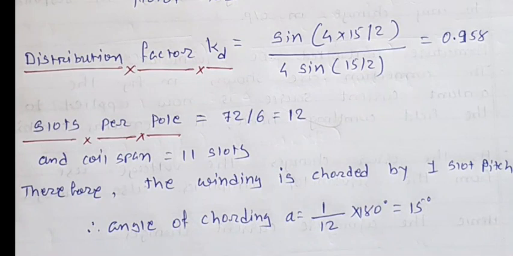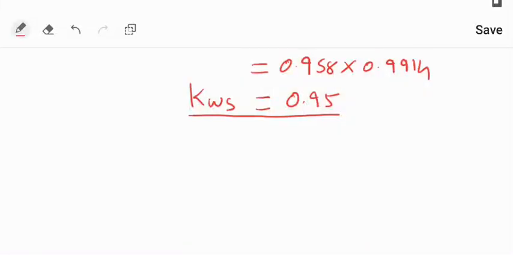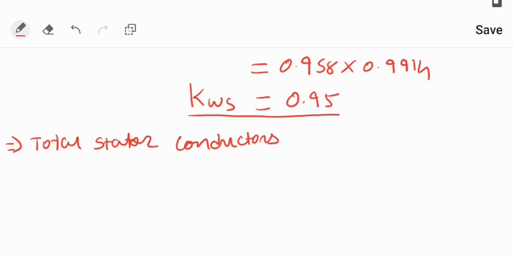Now we will move towards the next calculation. After KWS, we will find the total stator conductors. Total stator conductors is equal to stator slots into conductors per slot.